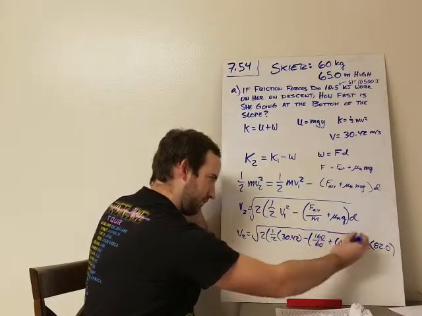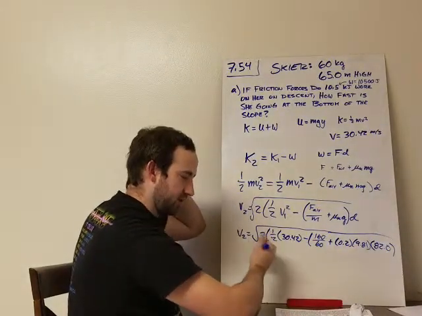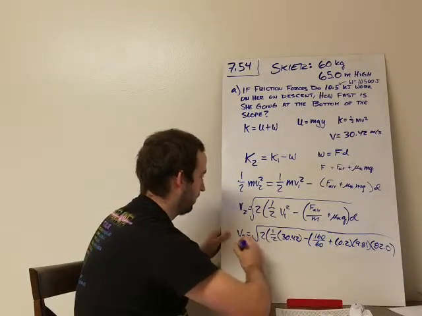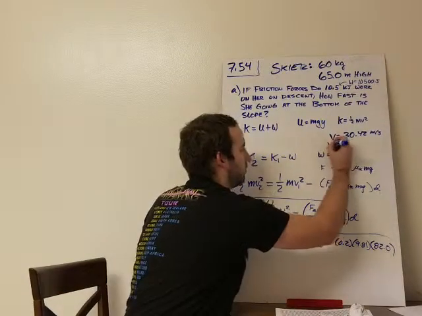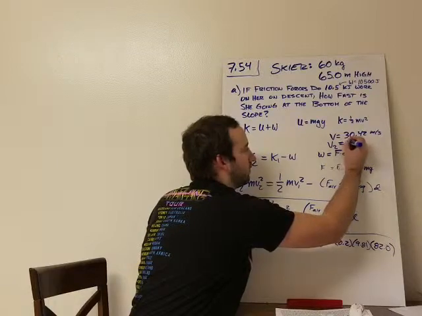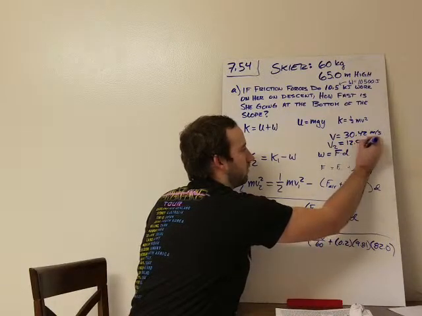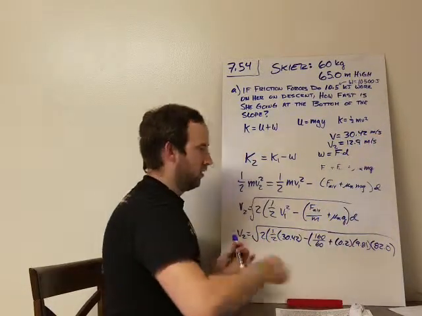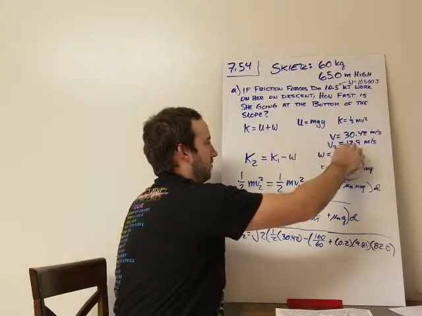Put that big expression in the calculator, and v2 equals 12.9 meters per second. All right, so that's it for part B.